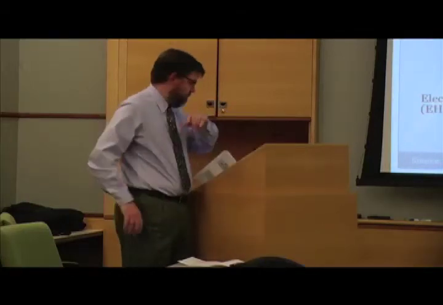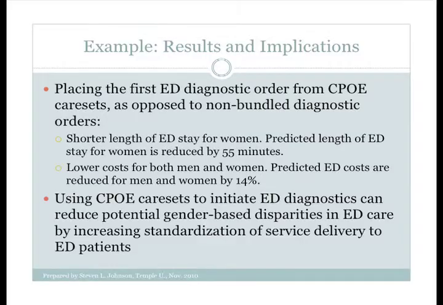Could you go back to that other slide? These are fabulous data, fascinating findings. So would one interpretation be that the clinicians were a bit sloppier, perhaps, in diagnosing women because there were other issues that could be considered, and this guided them to be more focused in diagnosing women?